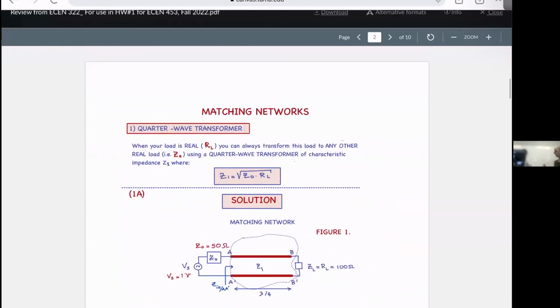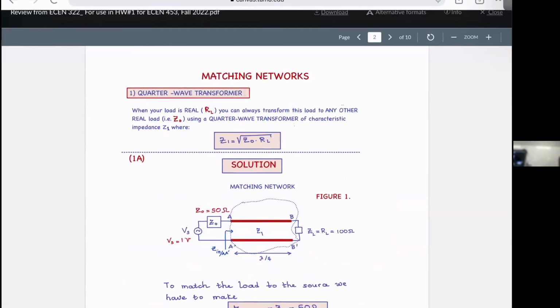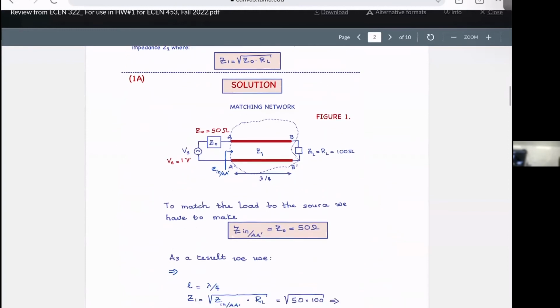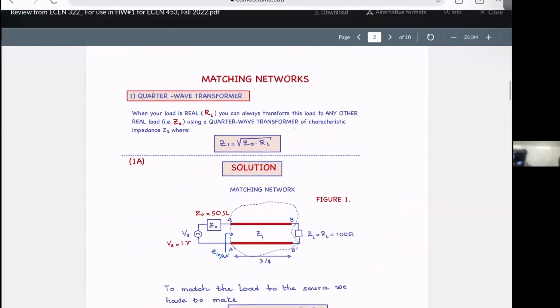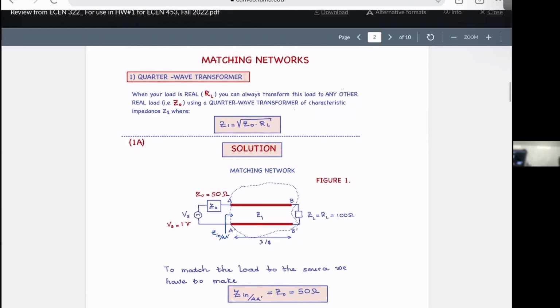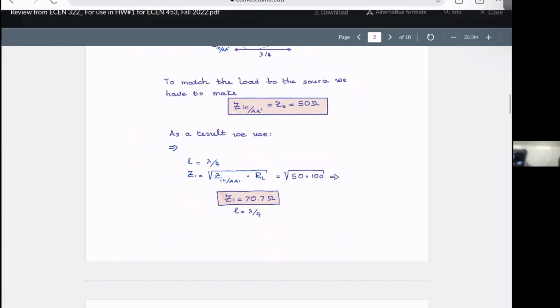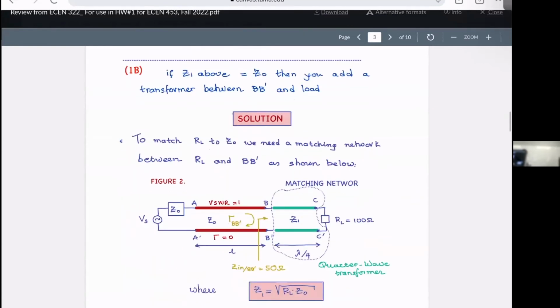These are things that we covered in 322. What is a quarter wave transformer? How we use it.